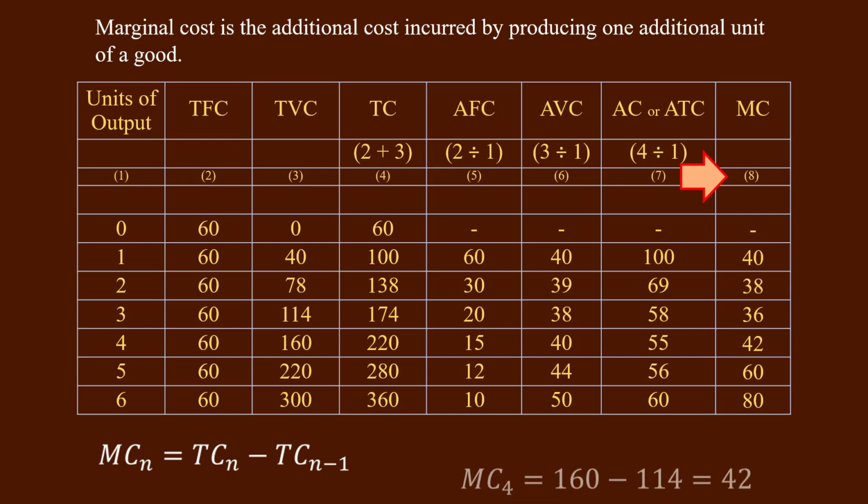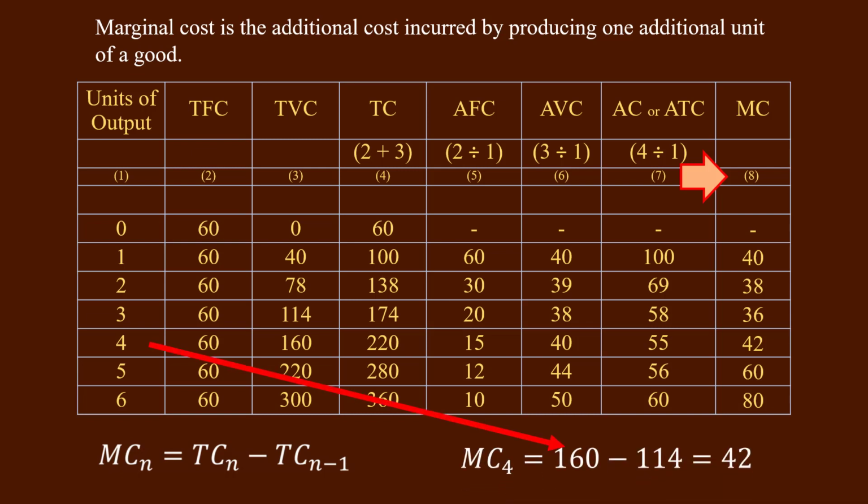For example, marginal cost of the 4th unit is total cost of the 4th unit, 160, minus total cost of the 4 minus 1, third unit, 114.42.